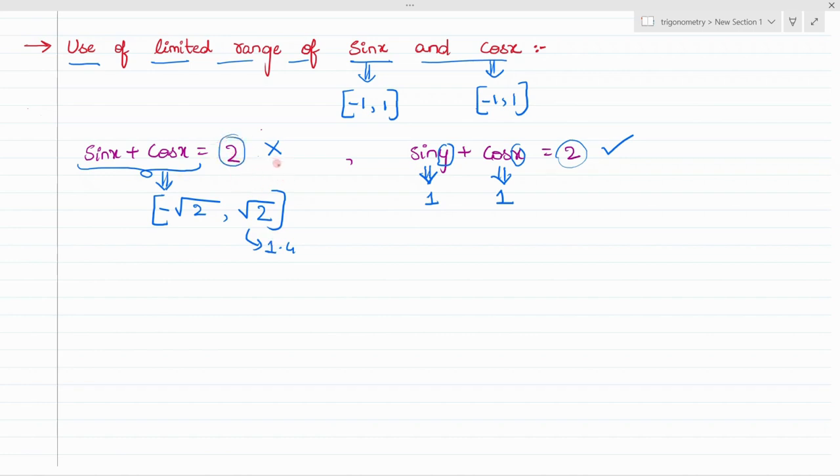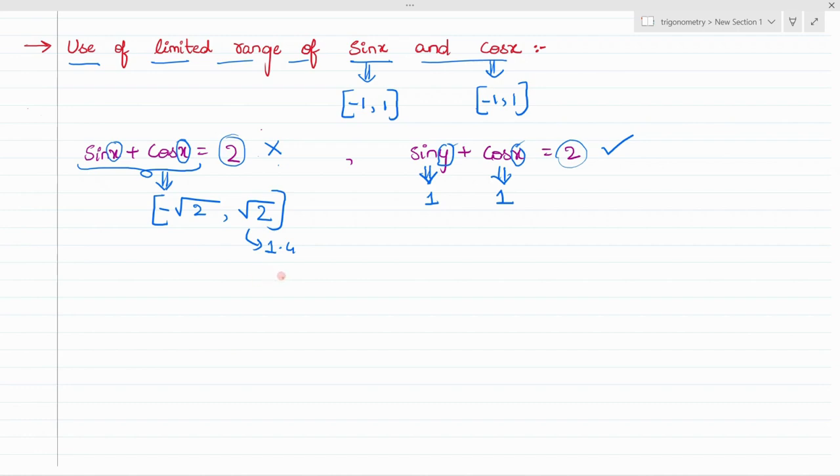So this equation is not possible and we don't have any solution for it. But for the other one, we will have a solution because the two angles are different. Here, both angles are the same. So you need to keep these kinds of things in mind.